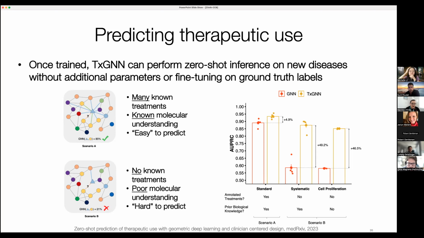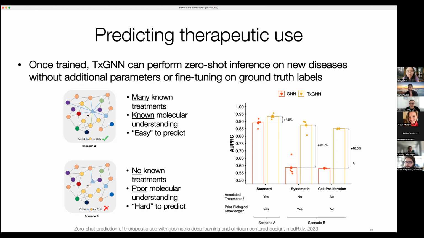So scenario A, just as a recall, is the scenario where the model is only asked to reason about diseases which already have some known treatments, known molecular understanding, and those are diseases that are easier to predict. And we see some lift in performance in TXGNN over other GNN models, and we are quite happy with that. The part that is really exciting is scenario B, where the model is asked to make predictions around novel diseases in a zero-shot manner.